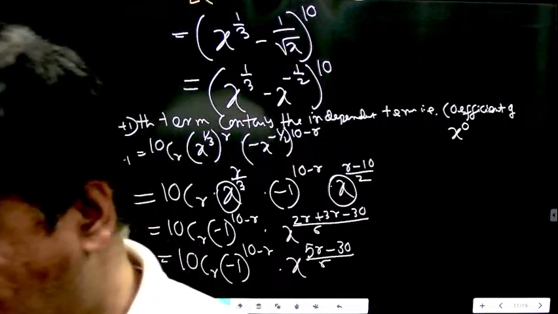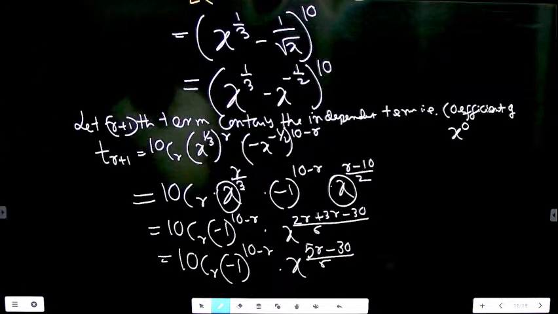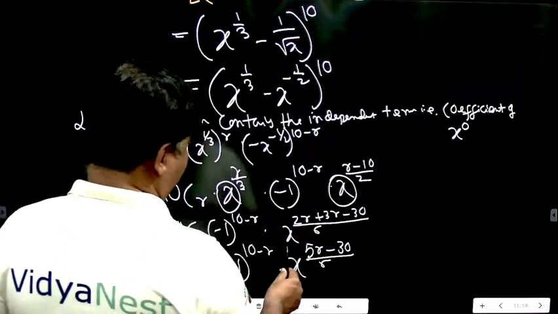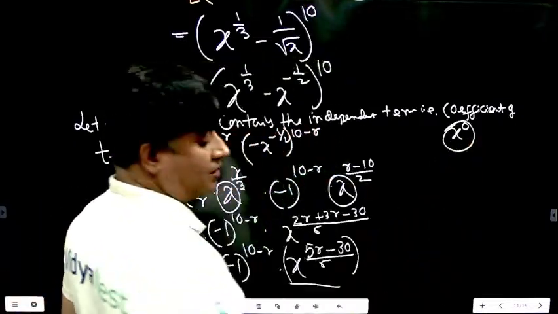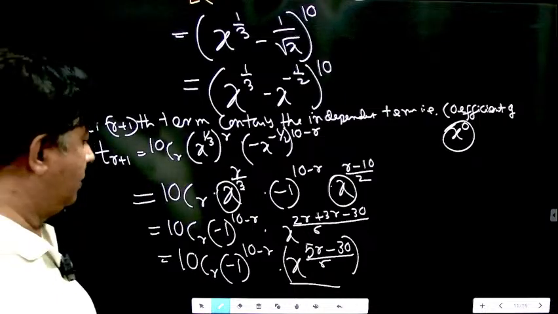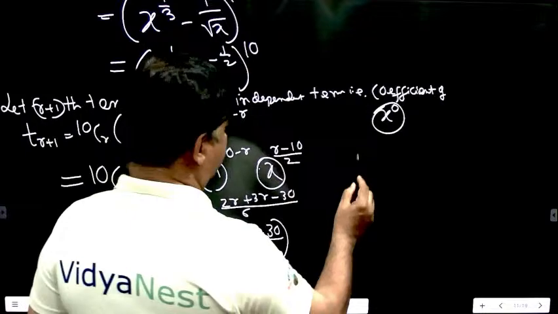Once I reach up to this stage, what we observe is that I had let the r plus 1 term be the x to the power 0 coefficient, but here I have got x to the power this thing. So this thing and x to the power 0 are same. Yes, sir.